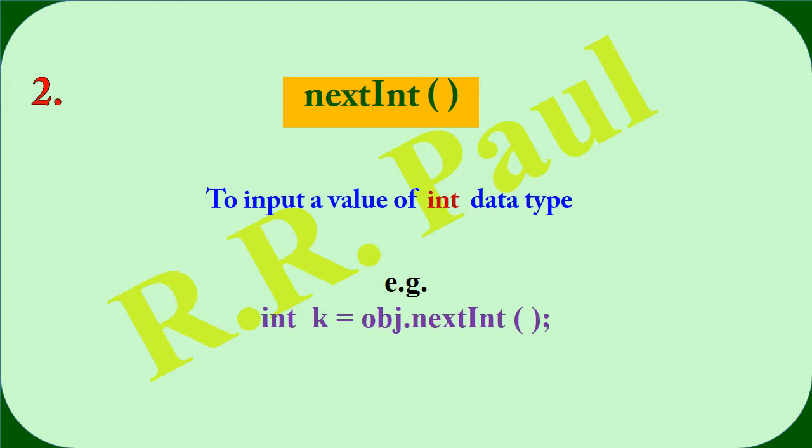The example is given just below that. obj.nextInt() will input a value of integer type, and that is the reason on the left hand side of the equal to sign we have an integer type variable to store that value.